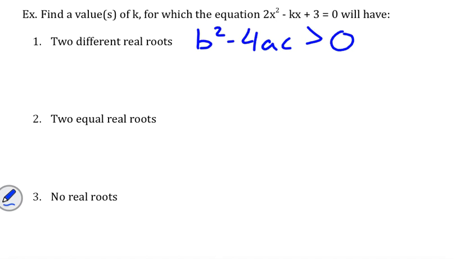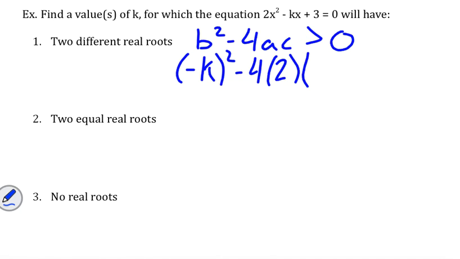So in this case, we're going to have negative k squared minus 4ac, sorry. So what do we have? 2 and 3. So negative k squared minus 4 times 2 times 3 is 24.